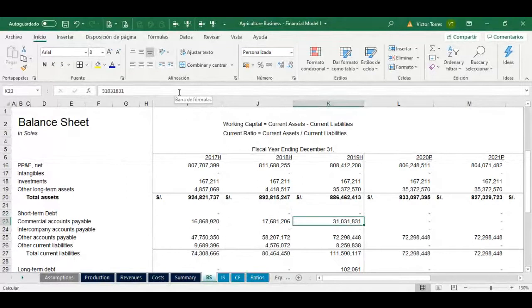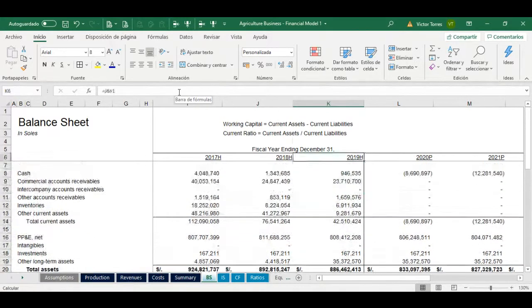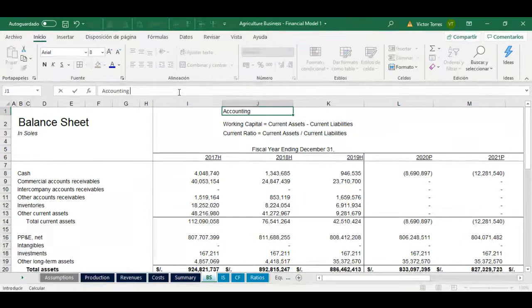When you talk about current liabilities, you think about accounts payable, taxes payable, something that may be affecting normal operations of the company. But that's from the accounting perspective, or accounting definition, let's say.